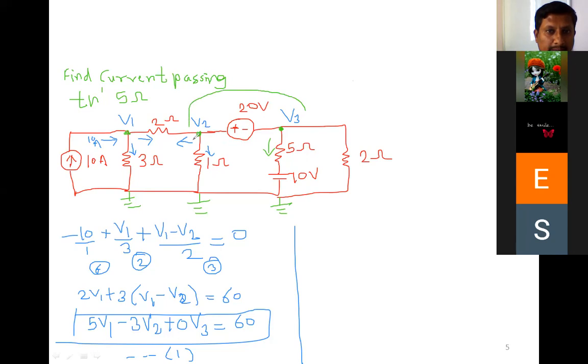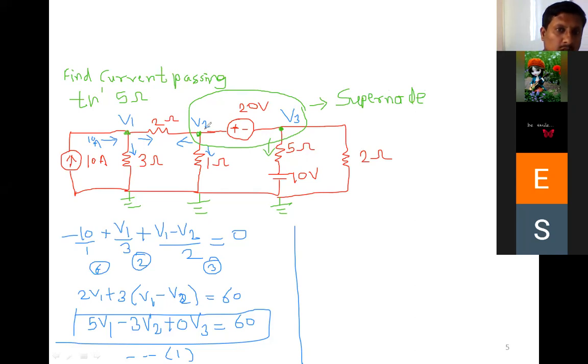See here, if two adjacent, meaning nearby, principal nodes are connected by only a voltage source without any passive element, then that part is called a supernode. So this part is called what?